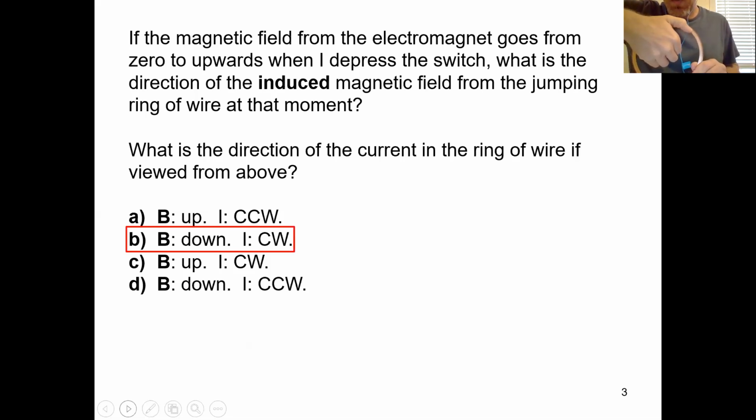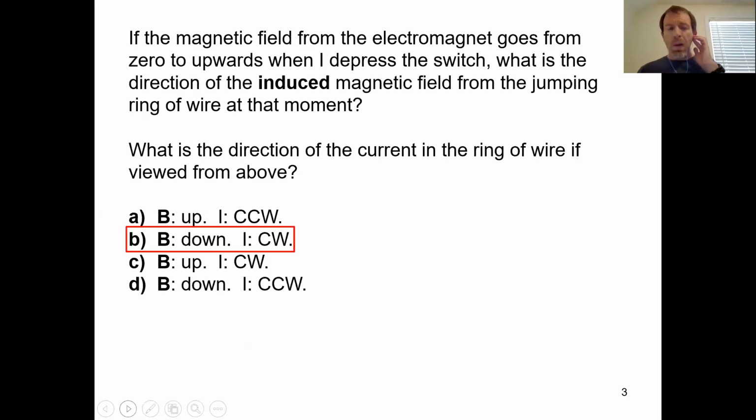The perspective I'm showing you right now has the camera above the ring, and my thumb is tracing around in the clockwise direction. It's weird for me to say that, since the camera is on one side and I'm on the other, but from above, which is what you're staring at, the thumb definitely points clockwise. So choice B is the right choice. And that's how we figure out this problem with Lenz's law.